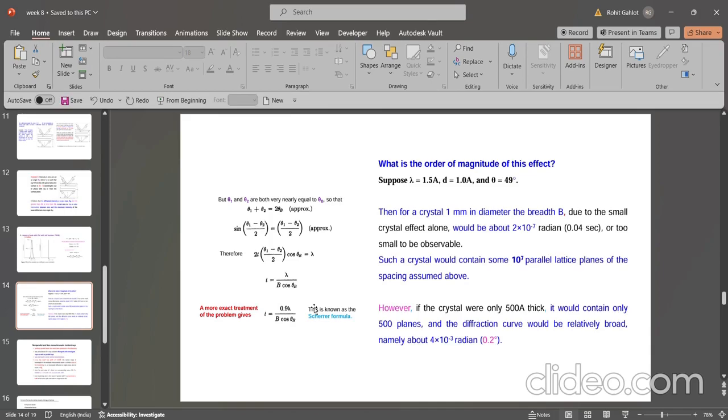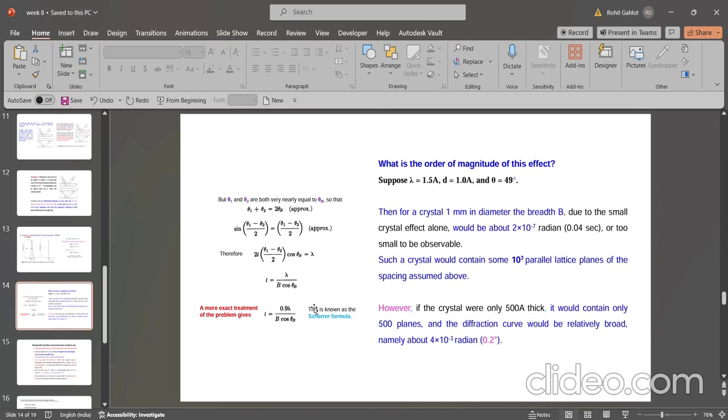What is the order of magnitude of this effect? Suppose your lambda is 1.5 angstrom and d is 1 angstrom, and theta is 49 degrees. Then for a crystal 1 mm in diameter, the breadth B due to the small crystal effect alone would be about 2 times 10 to the power minus 7 radians, or too small to be observable.